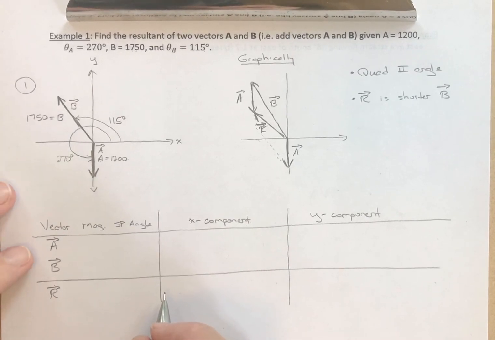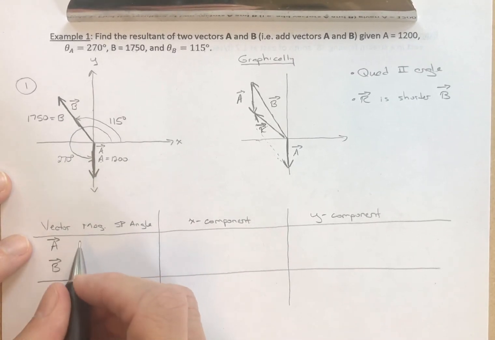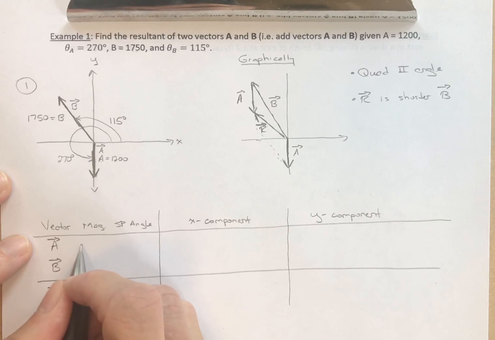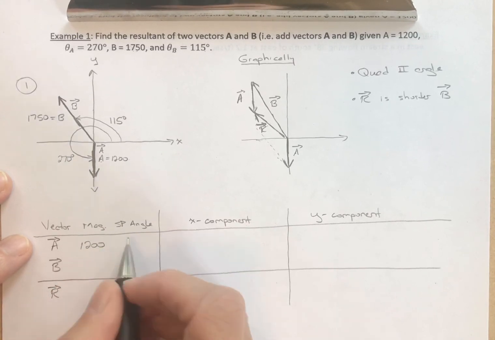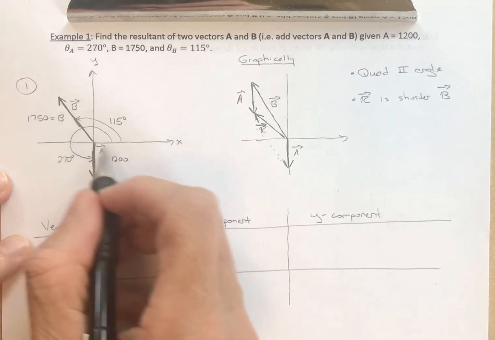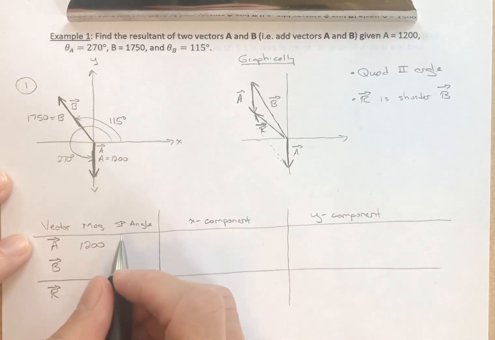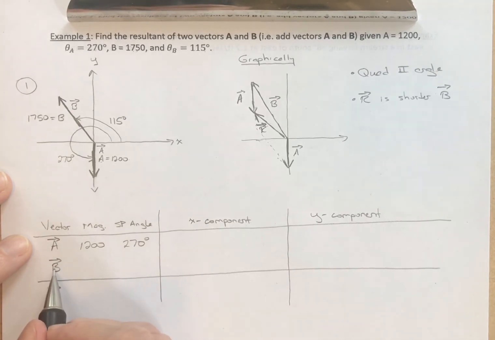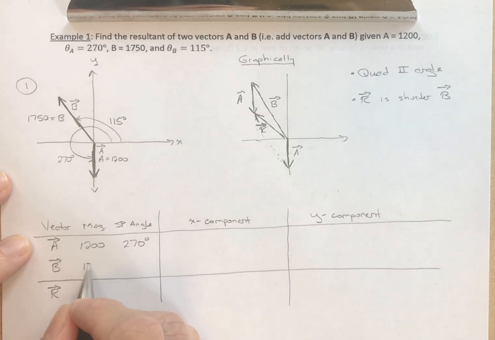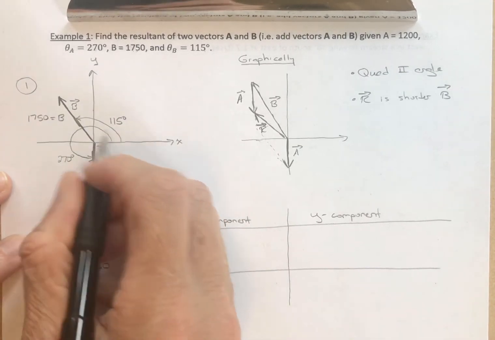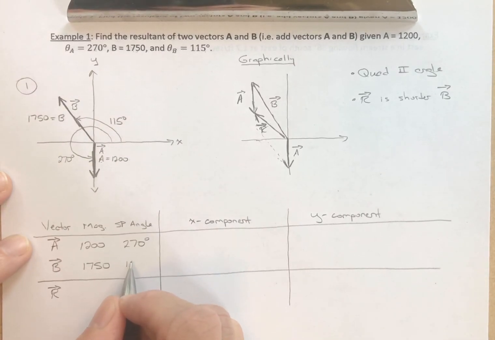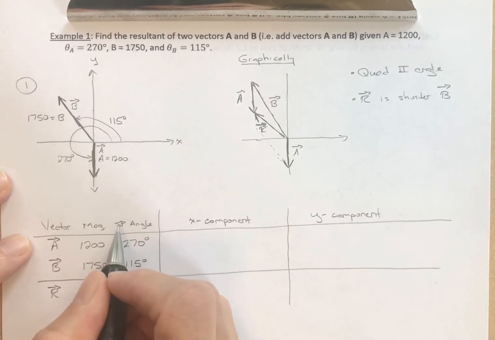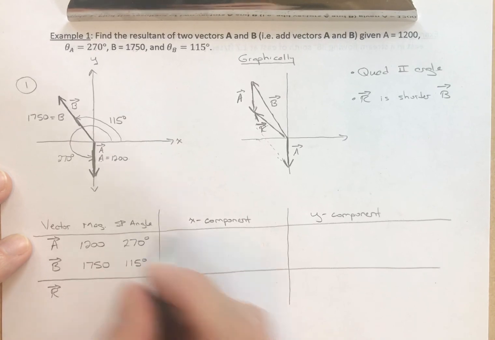Vector A has magnitude 1200, and standard position angle given to us as 270 degrees. Vector B has magnitude 1750 and standard position angle 115 degrees. SP stands for standard position.